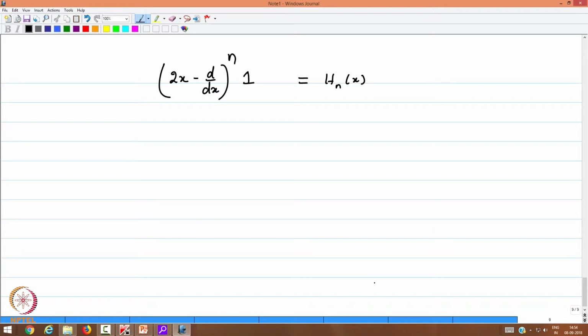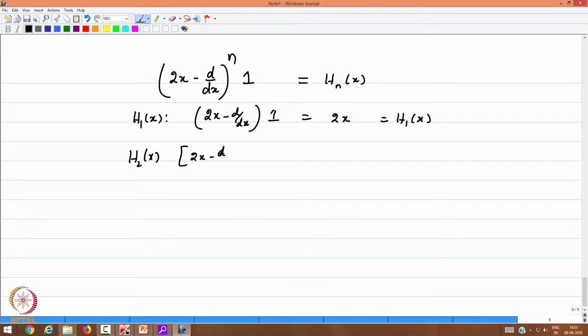When n is 0, of course, H0 is 1. So, let us now consider H1 of x. H1 of x is 2x minus d by dx on 1, and d by dx on 1 is 0. So, it gives you 2x, and that is H1 of x. H2 of x is basically 2x minus d by dx operating on 2x minus d by dx on 1.